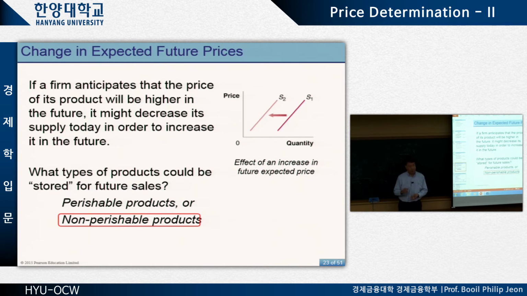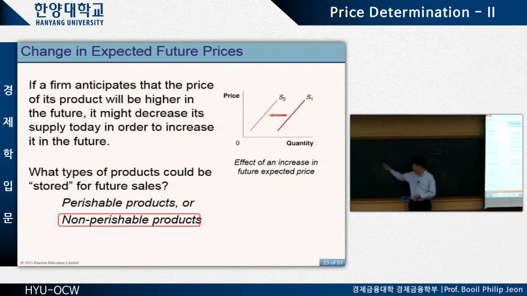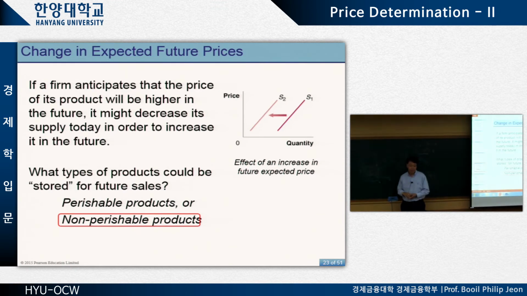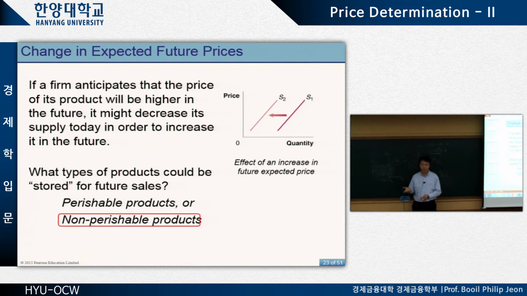And another problem there is if the agricultural product price fluctuates so much, right? That means for most of the people, even non-farmers, right, the food price goes up and down significantly, right? Which is not good, right?